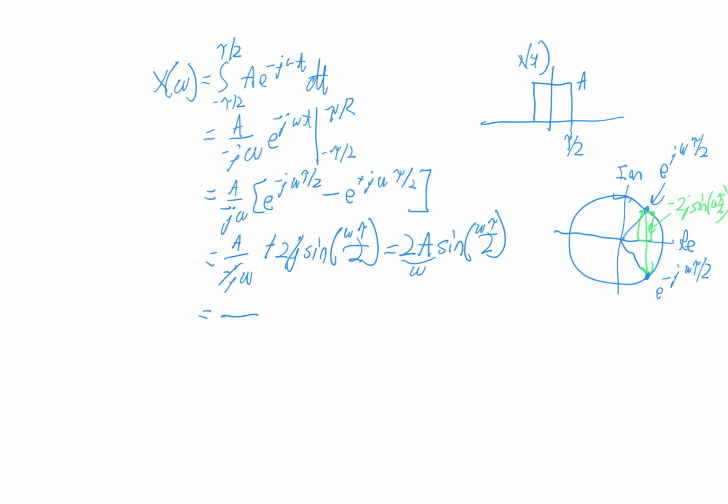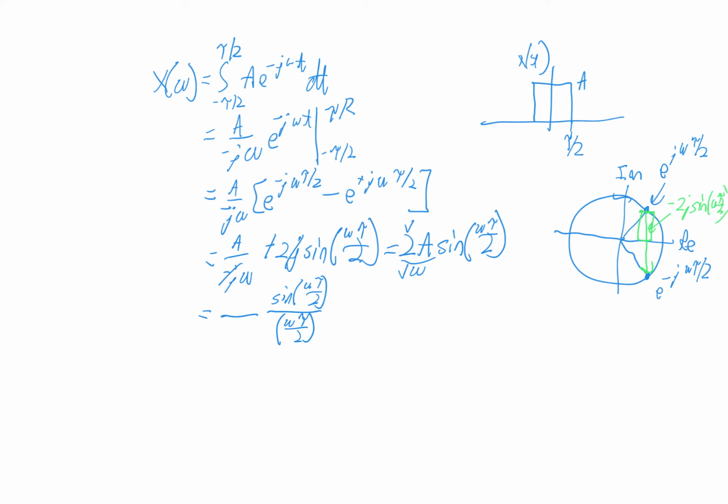So now we want to build this in terms of the sinc function. So I put my sine term here, and I want the argument of the sine to be in the denominator. So I have omega tau over 2 in the denominator. The denominator divided by 2 takes care of this 2 here. The denominator with an omega takes care of this omega here.